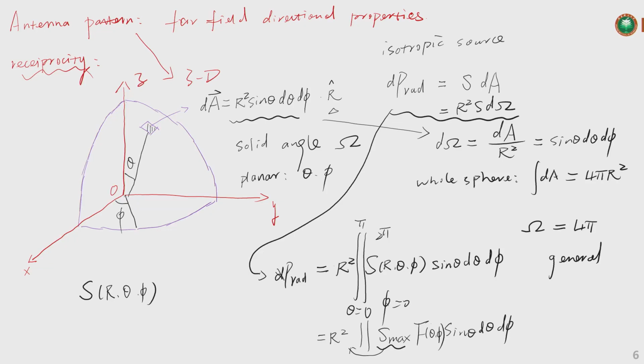So until now, the total output power can be calculated by this equation. If we know the normalized power intensity F factor, we can take an integration based on this equation and get the total output power, or the total radiated power.